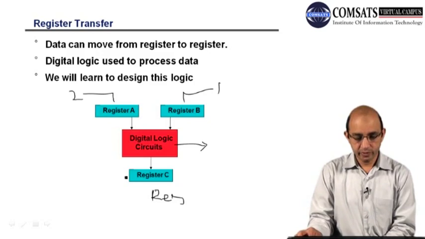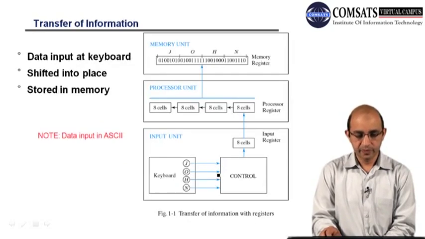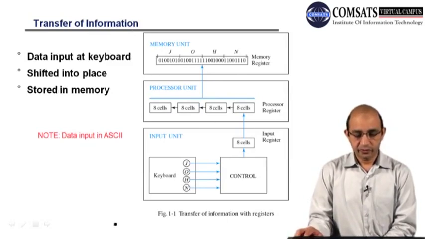So we are processing the data, and then we will have the resultant over here. So this is how we transfer data from one register to the other, or maybe process data and then move to different registers.